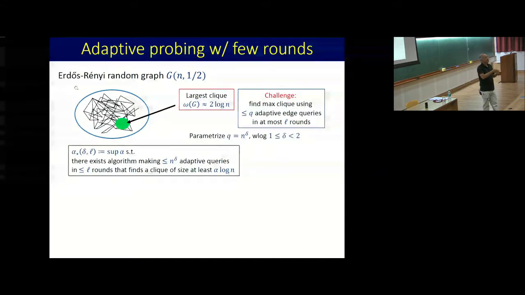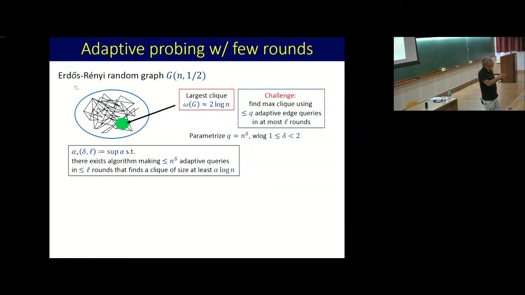a batch of probes in each. If I give you 4 rounds, maybe you can do better, we didn't know how to. With 2 rounds, we could only do 4/3 log n. And our general upper bound for every fixed L, the number of rounds, unfortunately, if you plug in our upper bound for L equals 2 and L equals 3, it doesn't rule out that 3 rounds is more powerful than 2 rounds.